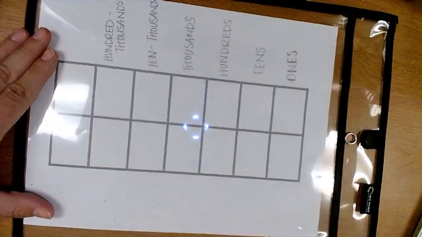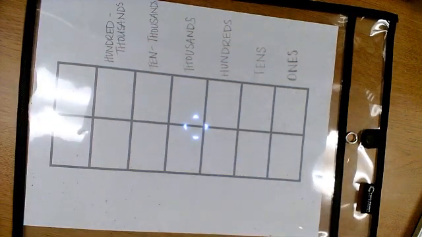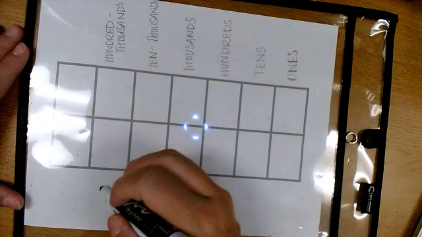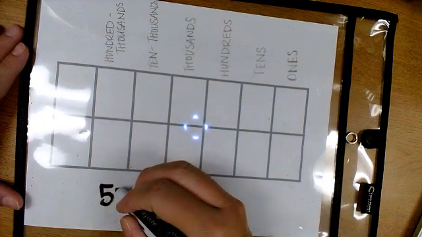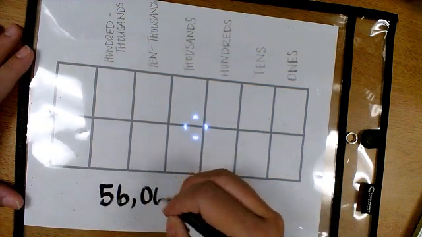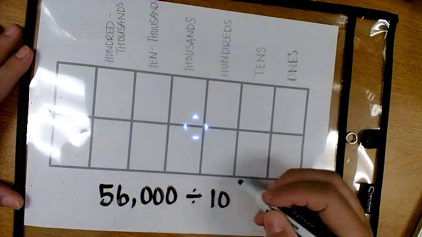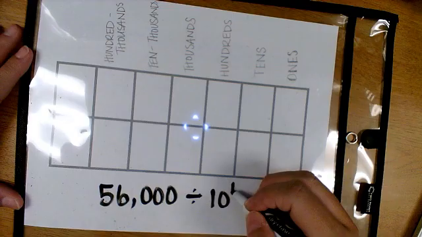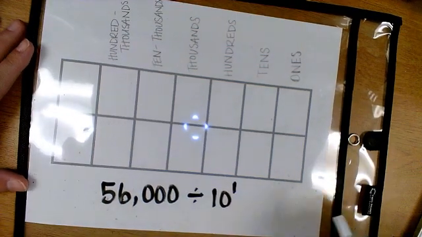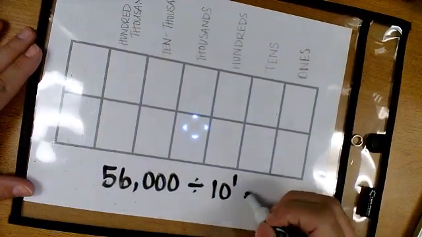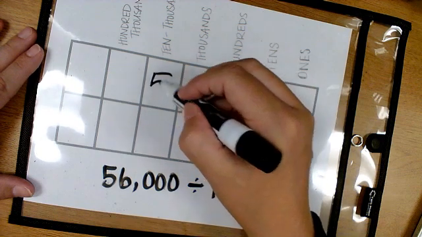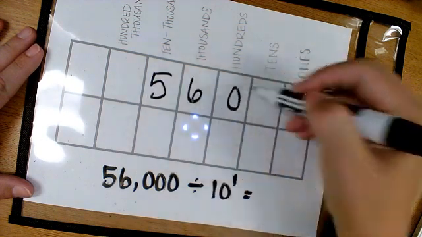When we do division, we're going to do it the exact same way. The only difference is we're going to be shifting in the opposite direction. When I divide by a whole number, my quotient should get smaller. So if I have 56,000 and I want to divide it by 10 to the first power, I'm going to write in my 56,000.